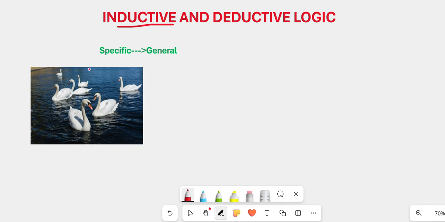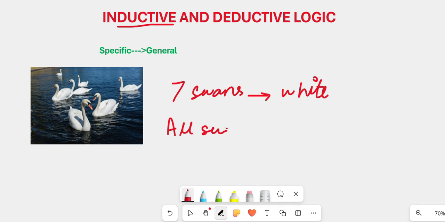For example, I see about seven swans here, so I would say that these seven swans are white. So if I make an inference that all swans are white, I took a specific observation, and I made a conclusion from it.